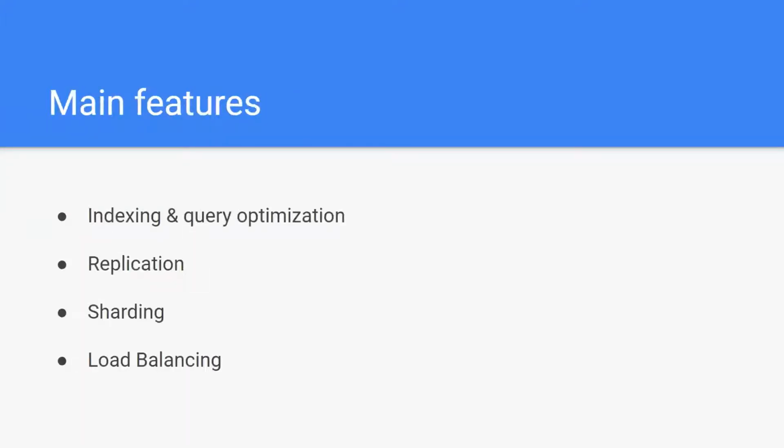Next, looking at the main features, first we have indexing and query optimization. So when we're designing the schema of a database, it is impossible to know in advance all the queries that will be performed by the end users. We have ad hoc queries, which are short-lived commands whose value depends on each variable.